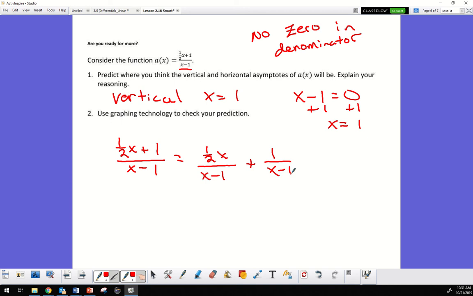All right, so where do you think that one's going to give me a horizontal asymptote? A guess? At 1? Maybe. So if I think about going to infinity again, what's going to happen to this? What's infinity minus 1?